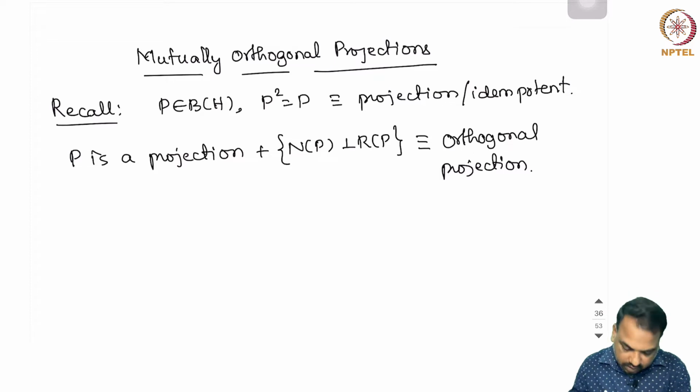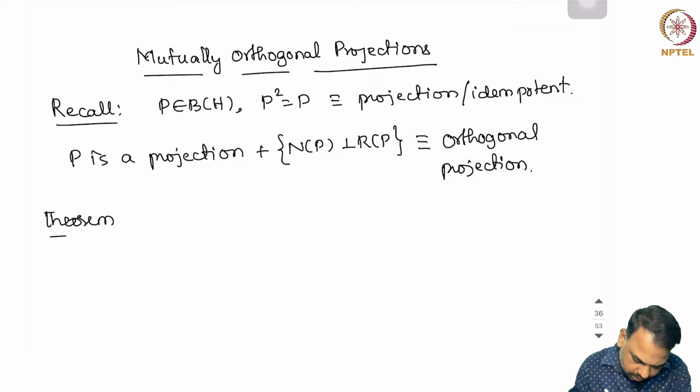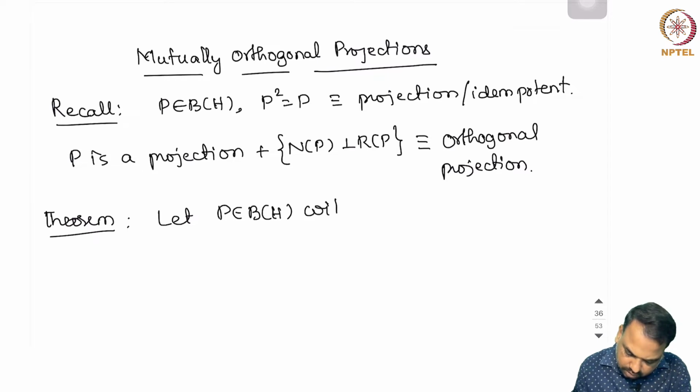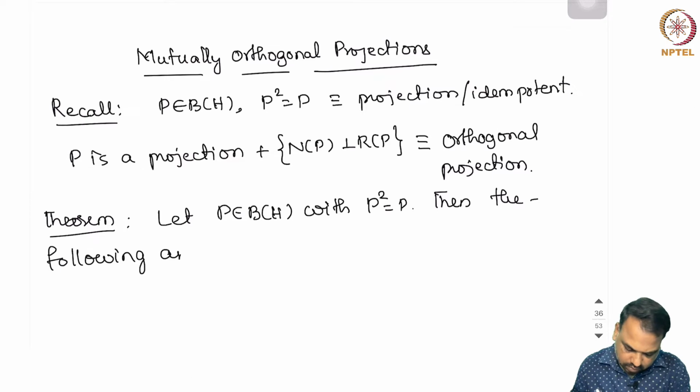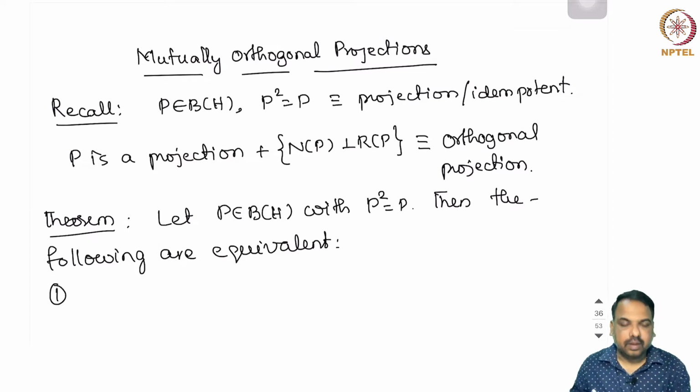So, we have proved the following result. Let us take P to be a projection. Then the following are equivalent. P is orthogonal.